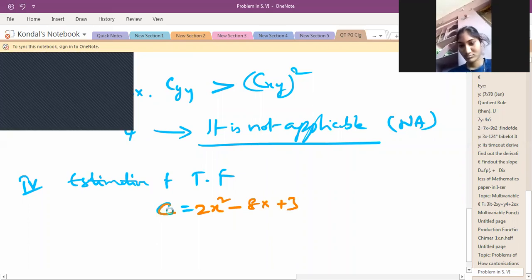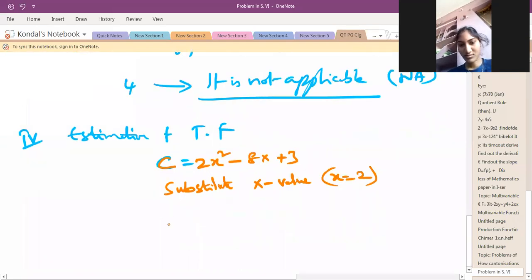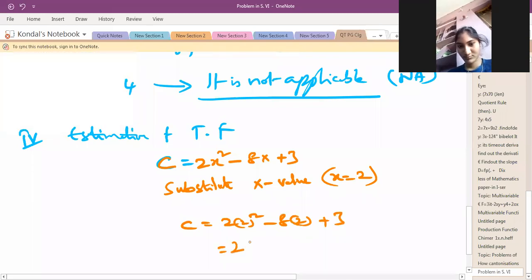So here we need to substitute the x value. What is the x value? Whatever we got as the critical value, 2. So C is equal to 2 into 2 square minus 8 into 2 plus 3. 2 into 2 squared is 8, 8 into 2 is 16, plus 3.